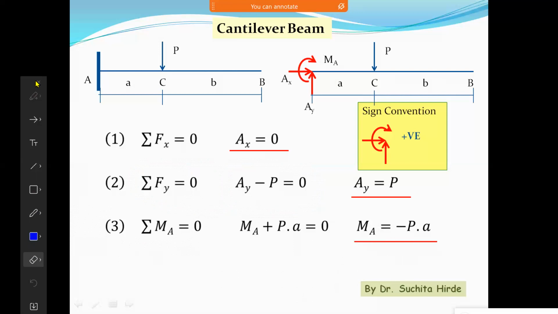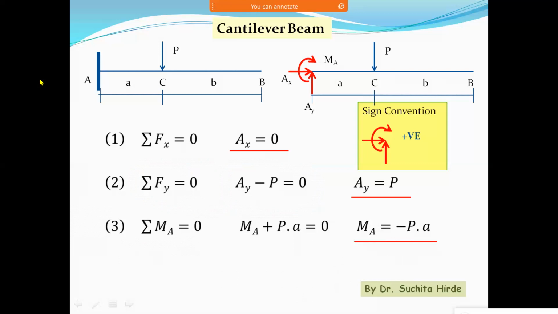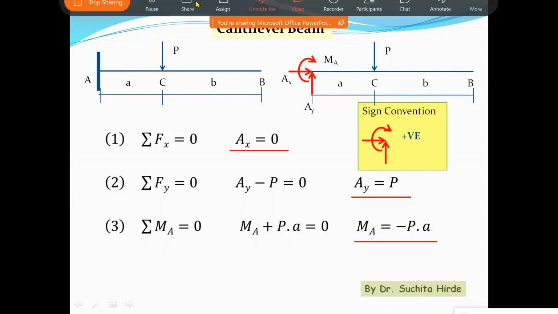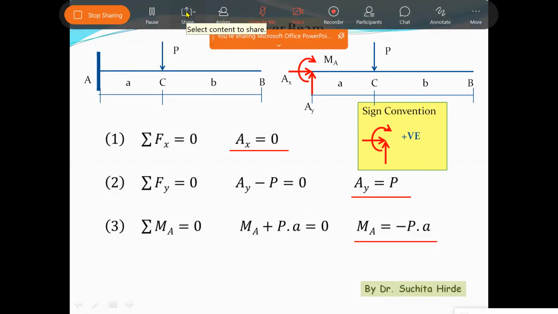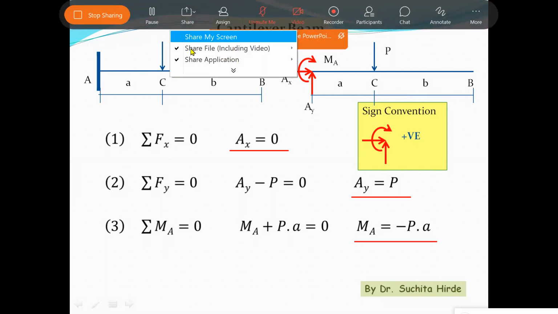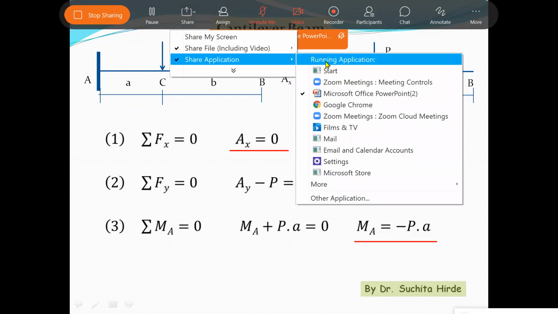And then you can close this by clicking here. Now suppose you want to show your student a second file, say to read some value from IS code, then you can click here, go to share, then share application.